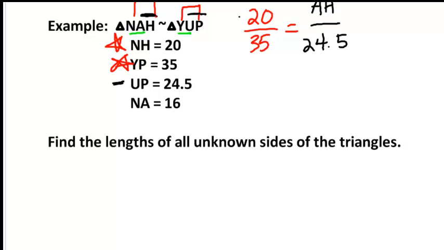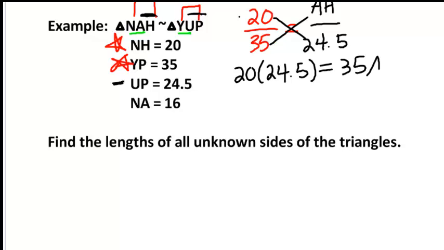From here you can cross multiply: 20 times 24.5 has to equal 35 times AH. 20 times 24.5 is 490.